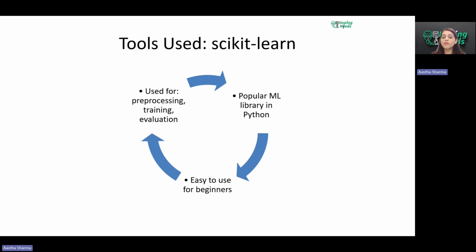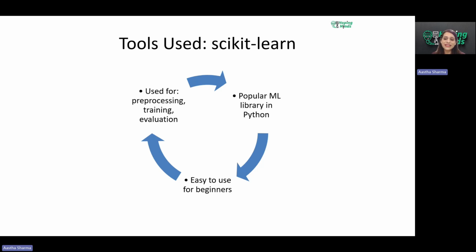It makes building models super simple, right? Think of it as a ready-made bakery for your machine learning recipe. You put the inputs inside it, meaning the ingredients, and it creates the algorithm based on the ingredients which you have. First of all, it is used for pre-processing, training and evaluation. It is a very popular machine learning library in Python, and it is very easy for beginners to use. So that is what we will be using.